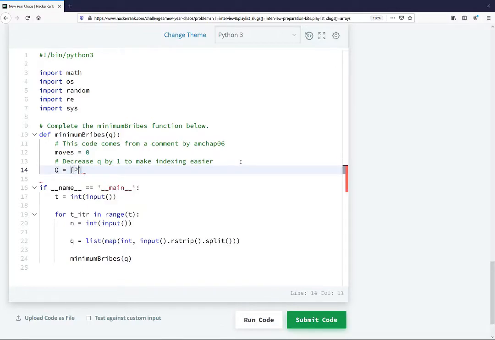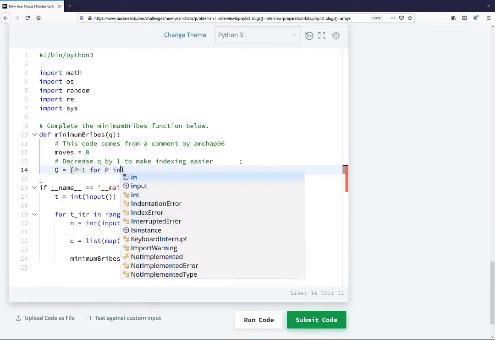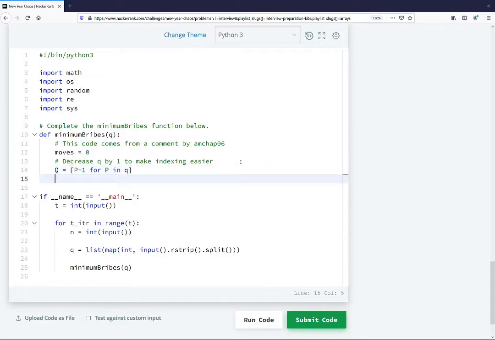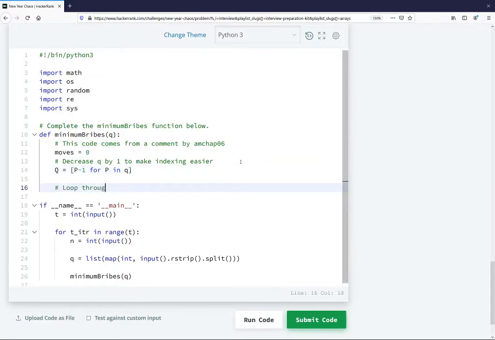So we're going to set Q equal to P minus 1 for P in Q. So capital Q is just lowercase q, but shifted over 1. Okay, so now loop through each person P in the queue.